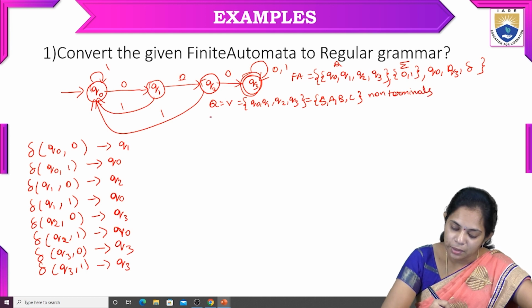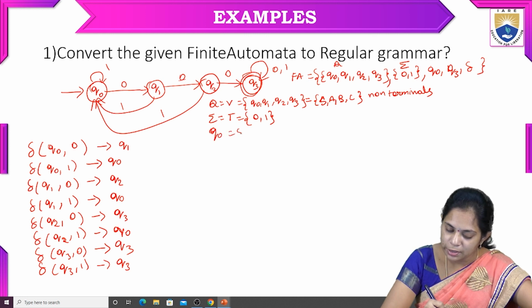And next, sigma is equal to the terminals, which are 0 comma 1, and q0 is the initial state, which is equal to S, that is q0.